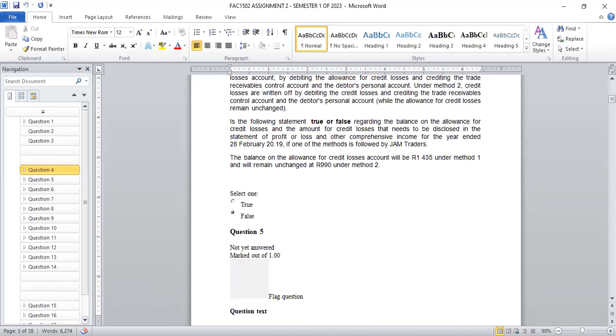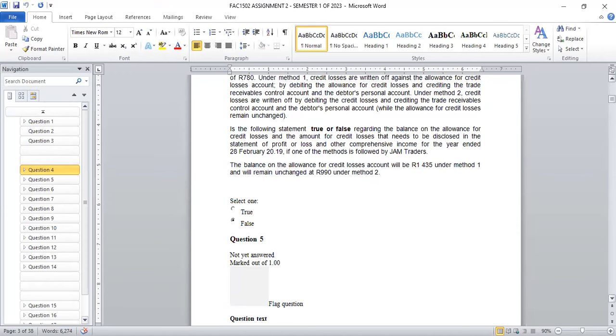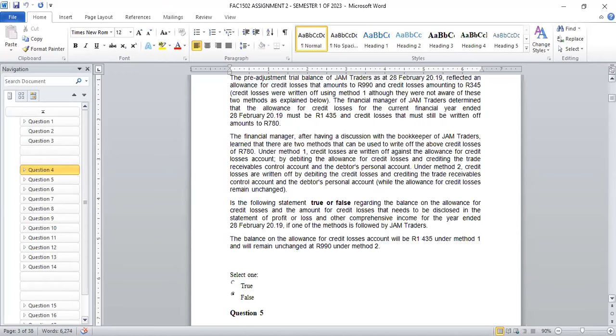The balance of the allowance for credit losses does not change, whether you're using method 1 or method 2. At the end of the day, it will be at the new allowance, which they said must be 1435. Whether you use method 1 or method 2, the outcome is the same. The allowance remains the same. The credit losses recognized in the profit or loss remain the same. There will be no difference between method 1 and method 2 of accounting for credit losses.